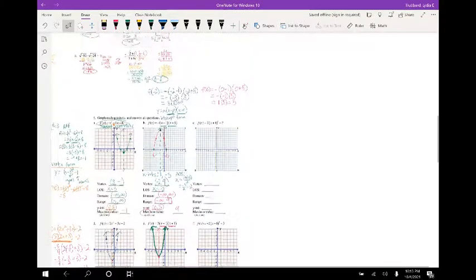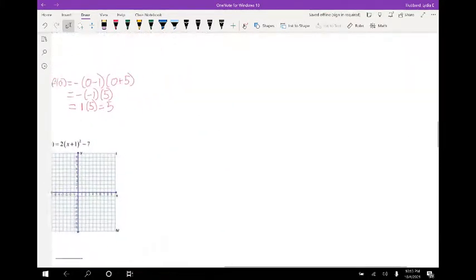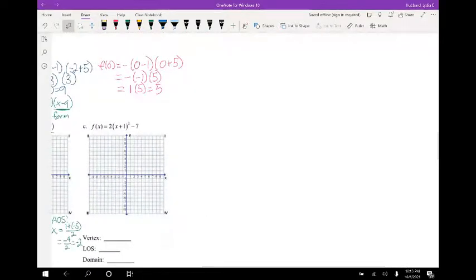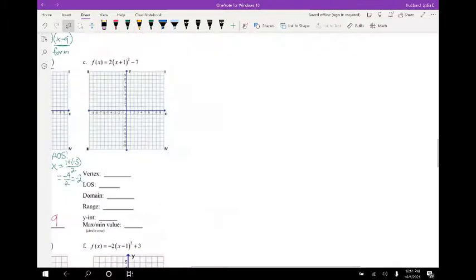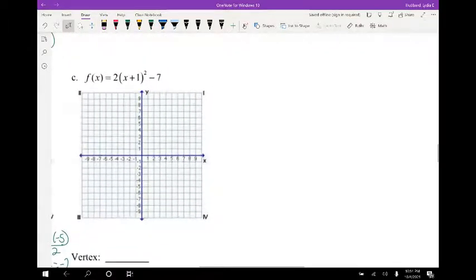So now let's go through the last one, which is consequently the first one we ever learned, and that is vertex form. So vertex form, which is this one, is in the form y equals a x minus h squared plus k.